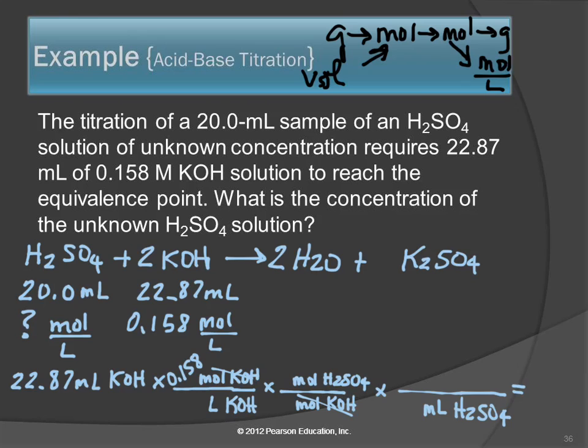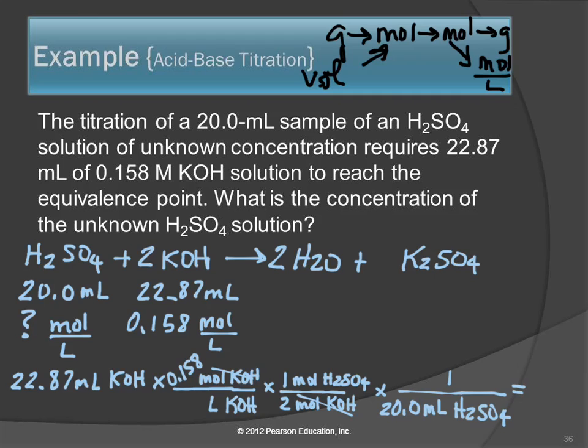What's the ratio here, moles of sulfuric acid to moles of KOH? It's from the equation. What's in front of H2SO4? An implied 1. What's in front of KOH? A 2. And then over here, what's in the numerator is just the number 1, and then the volume of the sulfuric acid goes down here.